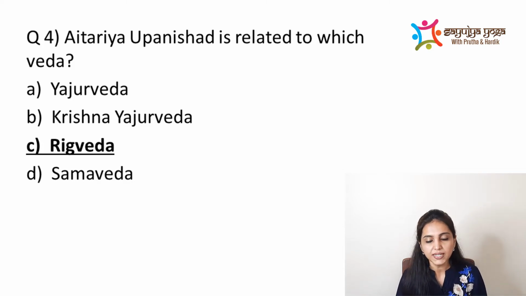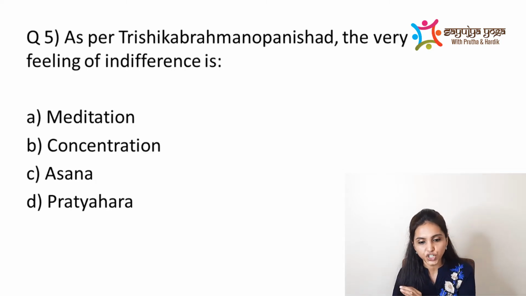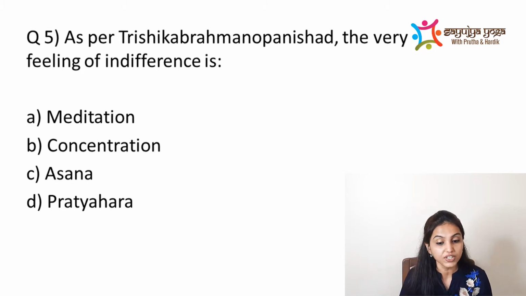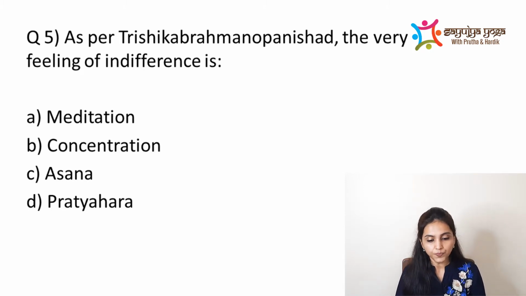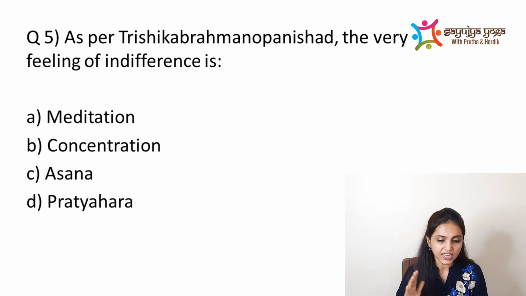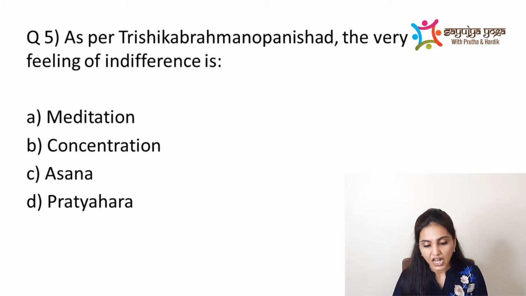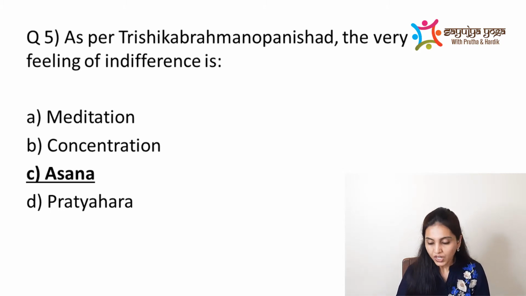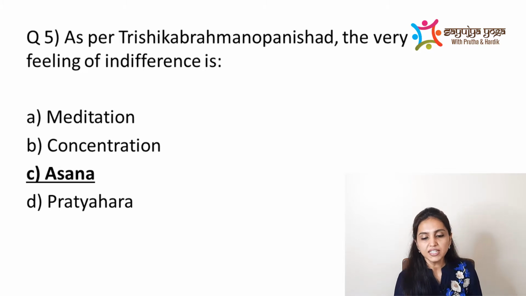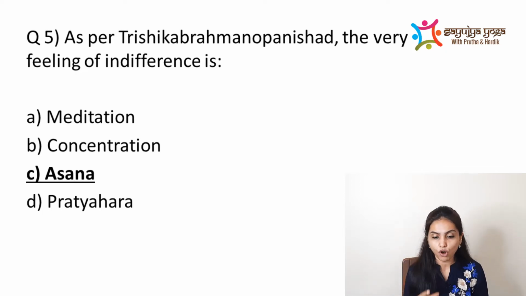The next question is, as per Trishikhi Brahmana Upanishad, the very feeling of indifference is, the options are meditation, concentration, asana and pratyahar, but the correct answer is asana. Okay. Now friends, see, sometimes these are the questions where you don't understand what they're actually trying to mean. So I would strongly recommend for some of the philosophy questions or for some questions of Upanishad, please go through Hindi drop down.